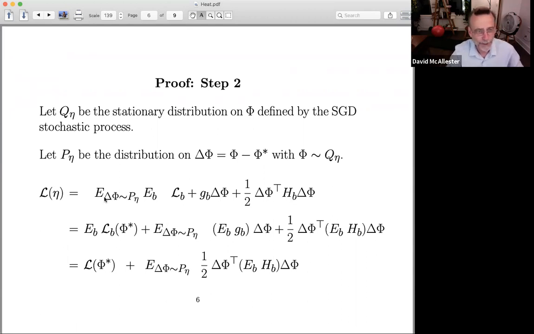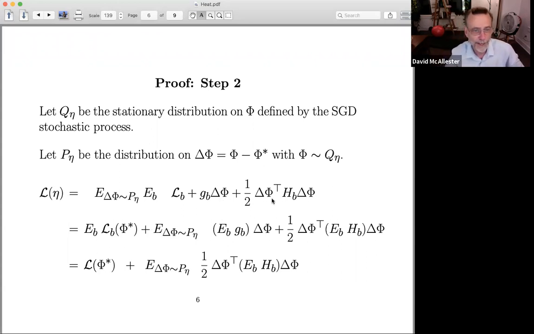Okay, now what I'm going to do is push these expectations into these three terms. If I push the expectation into the first term, it does not depend on delta phi. That's just the loss at phi star. So this term becomes the expectation over b of the loss at b of phi star. So that's just the loss at eta equals 0. And then I'm going to get an expectation over delta phi.